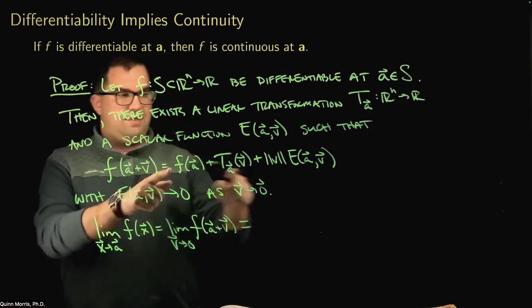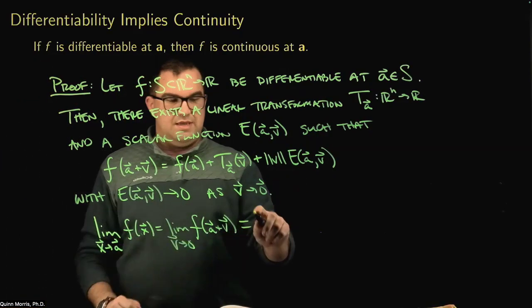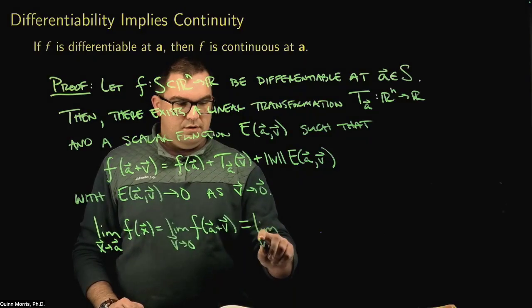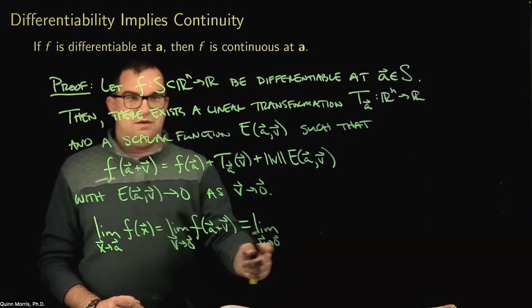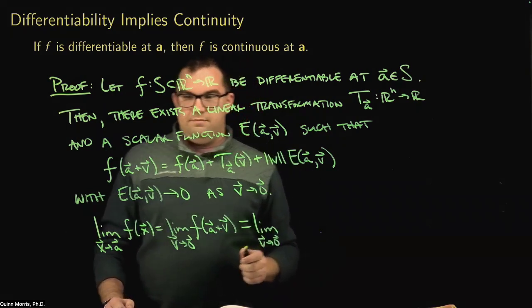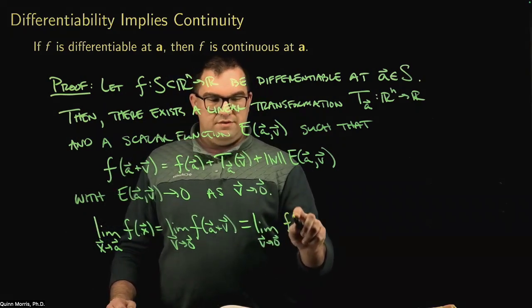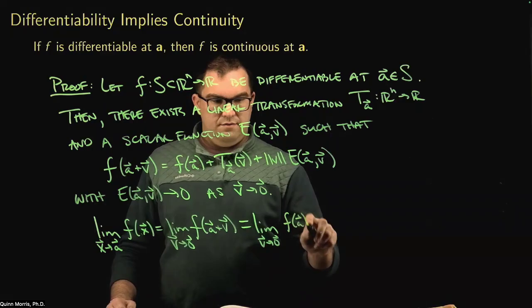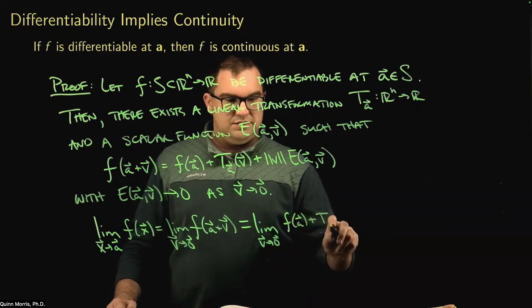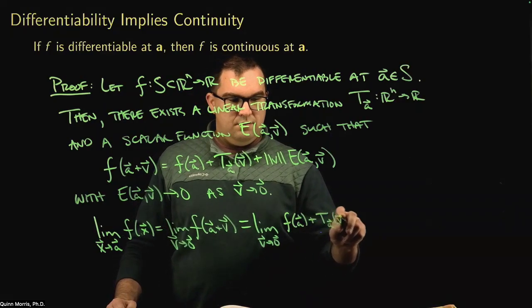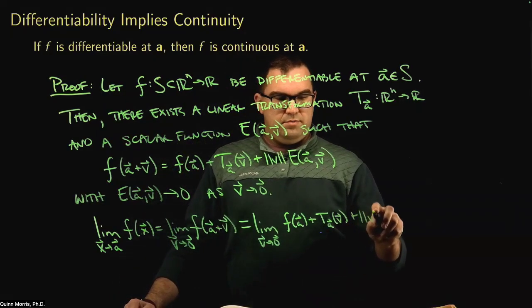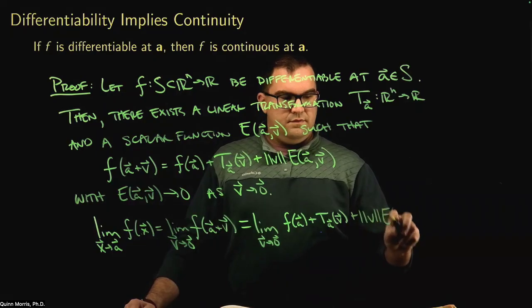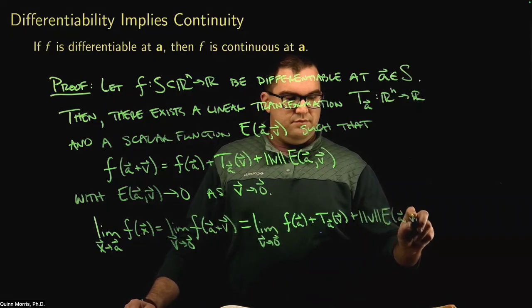And now if I look at this expression, it will be the same as the limit as V goes to 0 (and we should be careful, these are 0 vectors; this is a limit in Rn) of f of A plus T sub A of V plus norm of V times E of A V.